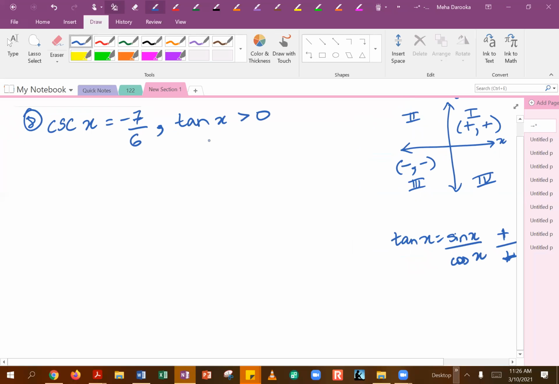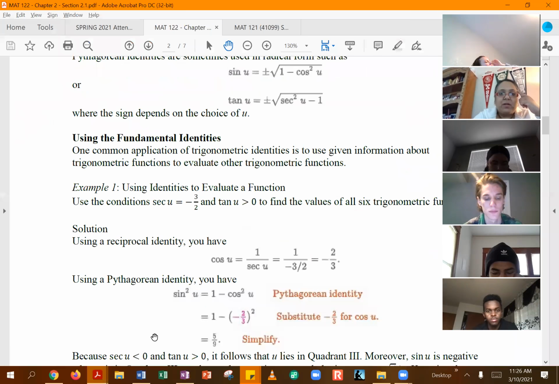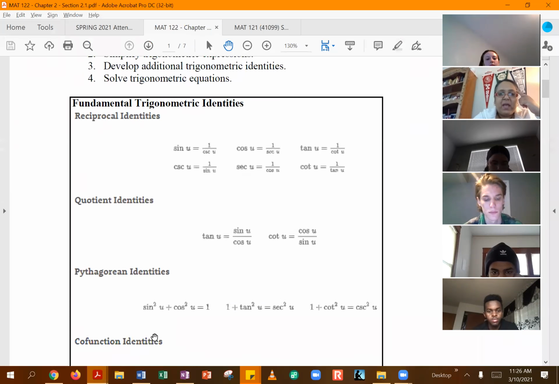So now we need to see, okay, out of quadrant 1 and quadrant 3, where are the rest of our functions going to fall? So how can you move forward when we know that the cosecant function is -7/6? What other function's information can we get from the cosecant function? And this is probably where you want to look at these different identities.